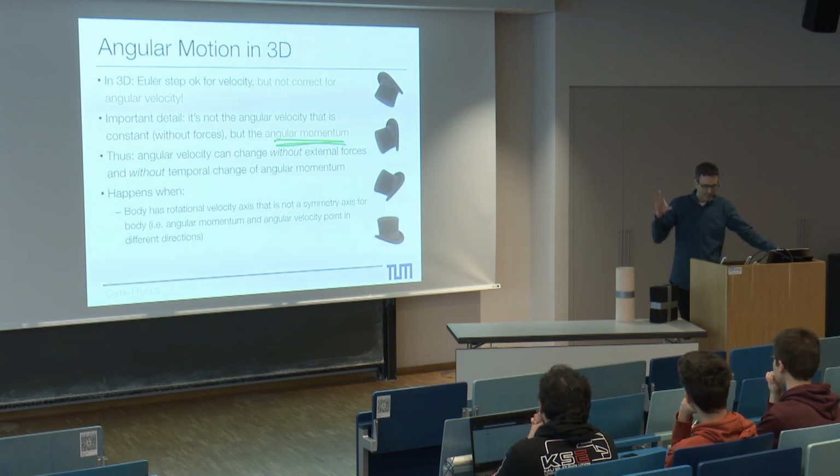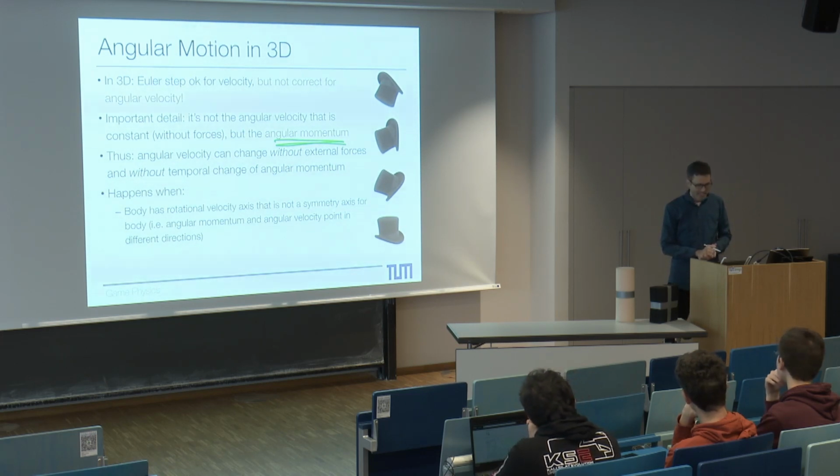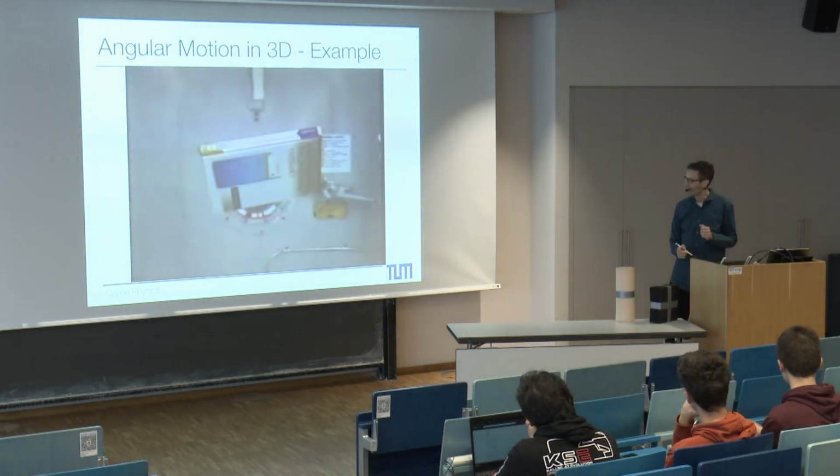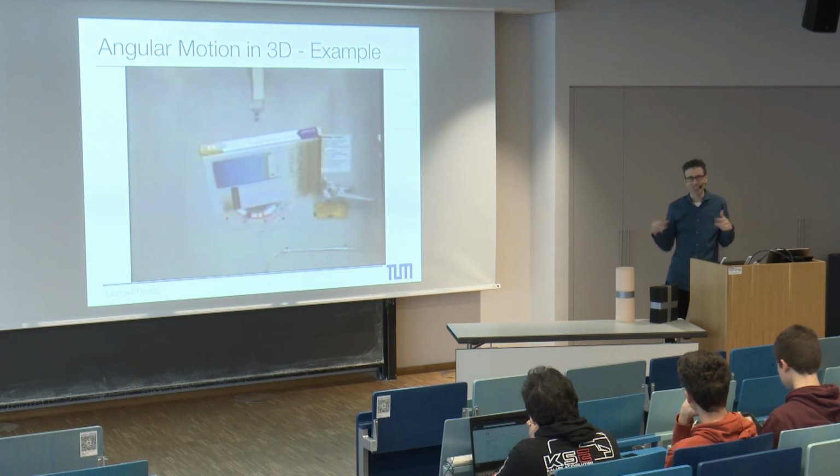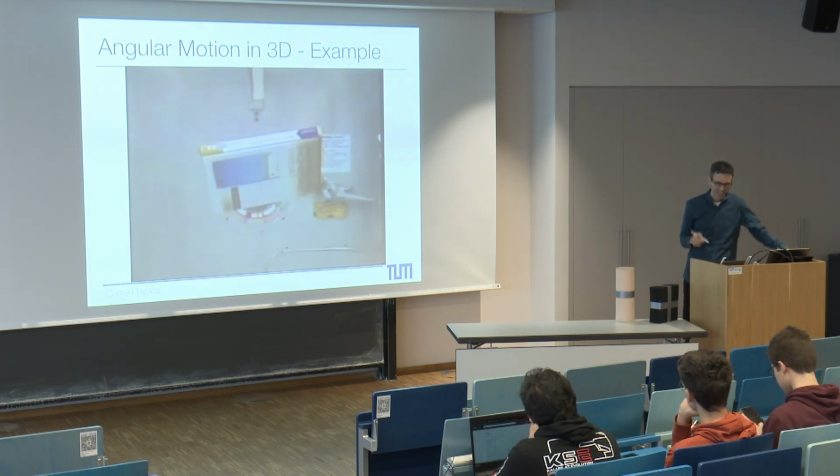You can show that if you have something that is not symmetric around the axis of rotation, then the motion gets redistributed along the primary axes. Definitely not intuitive, but there's a nice way to show this, namely in space. If you try this out in space, you don't have any other forces, and you start letting something spin, then you actually see this effect.